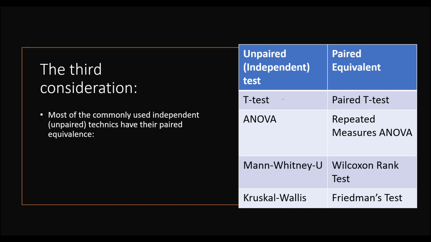For example, the paired equivalent of the t-test is the paired t-test. The paired equivalent of ANOVA is the repeated measures ANOVA, and the paired equivalent of Mann-Whitney-U is the Wilcoxon Rank test. And for Kruskal-Wallis, we have Friedman's test.